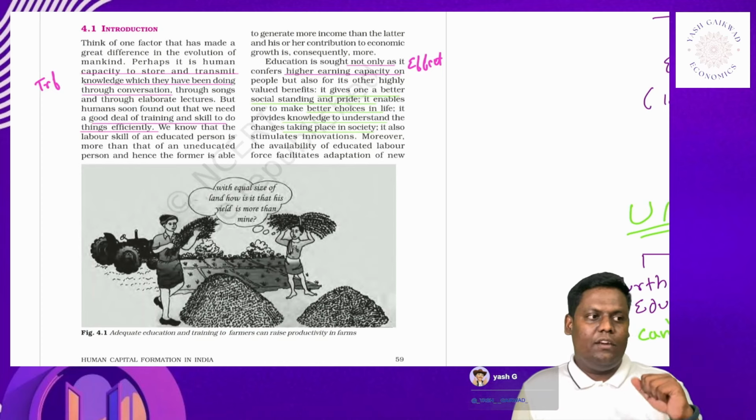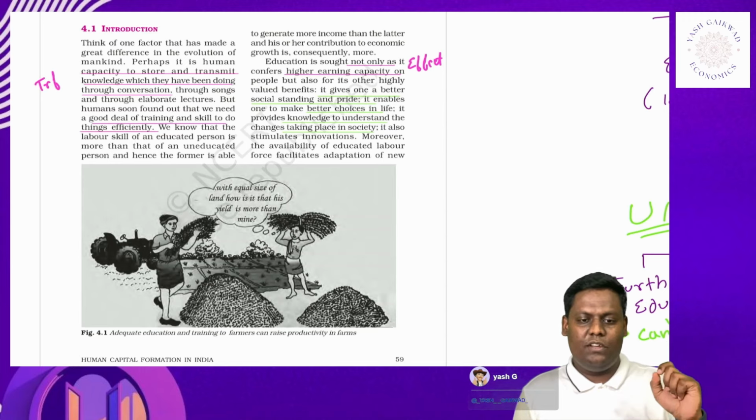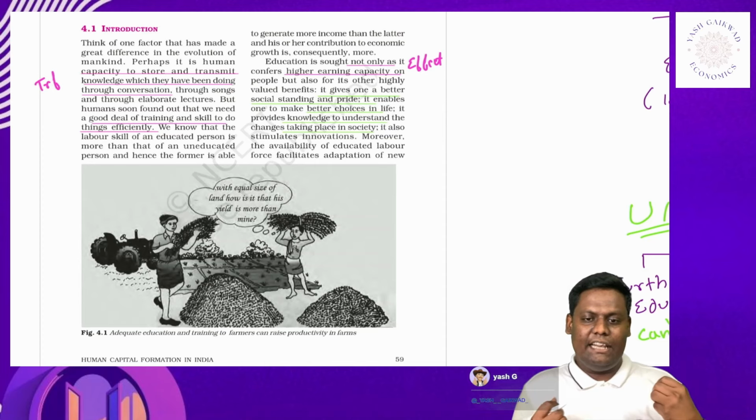So number one, what we have understood is that human capital formation is not like physical capital formation where you have physical goods and services, but rather it is an intellectual process and is intangible in nature.